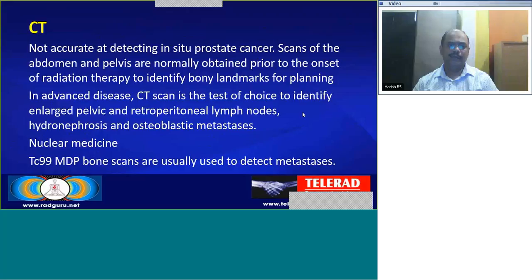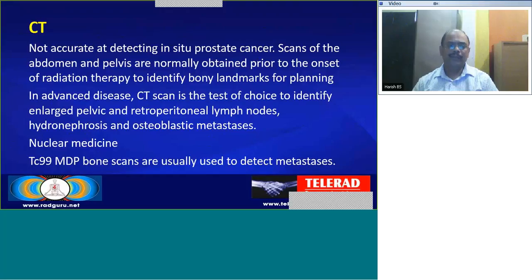CT, although not accurate for detecting in situ prostate cancer, especially in T1 and T2 stages, is normally obtained by scanning the abdomen and pelvis prior to the onset of radiation therapy to identify bony landmarks for planning.